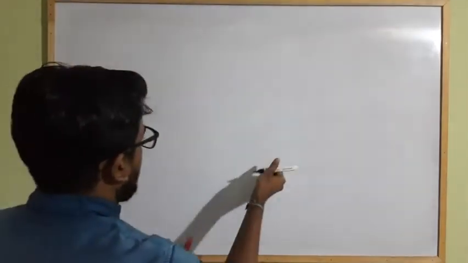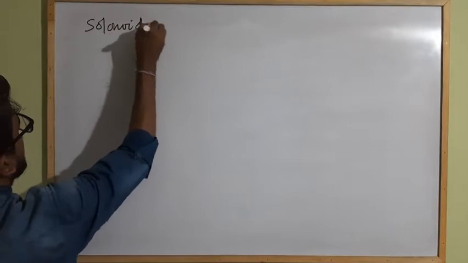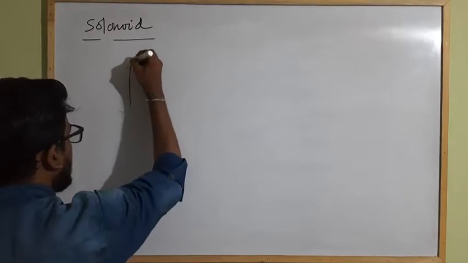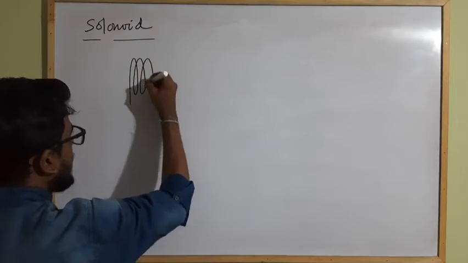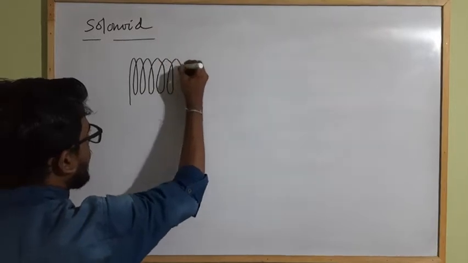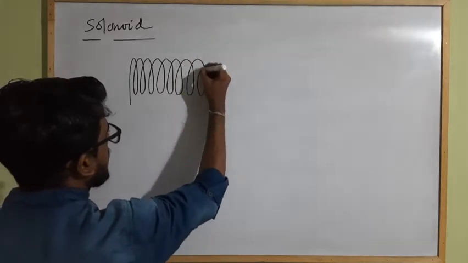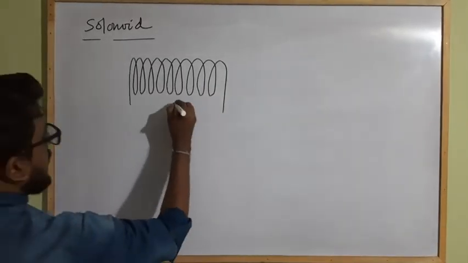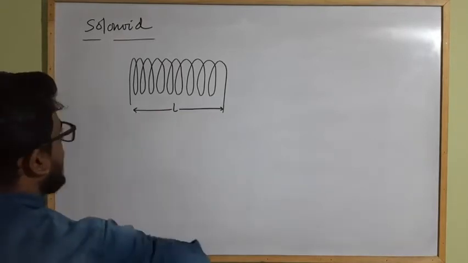Okay, now let's find out the magnetic field strength due to a solenoid. Okay, we know that a solenoid is a cylindrical coil-like structure like this, whose length L is large in comparison to its radius.